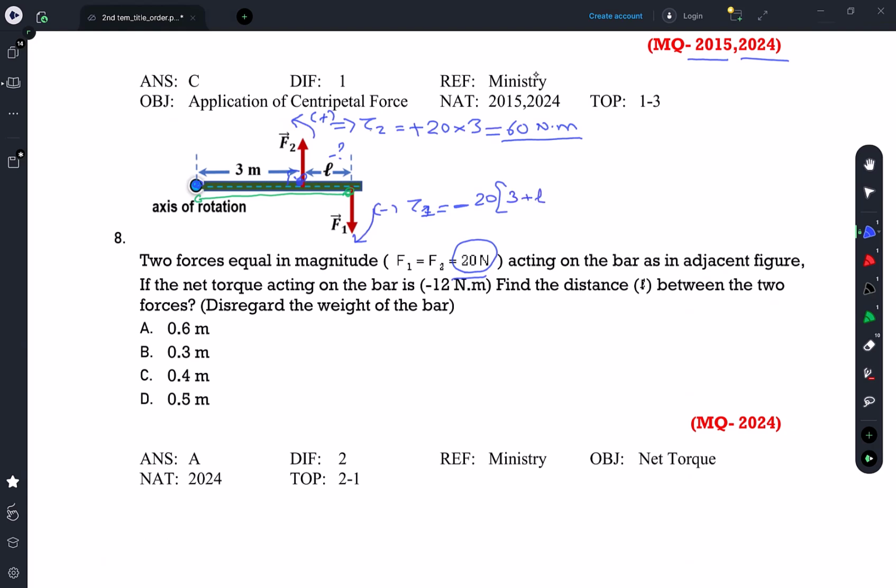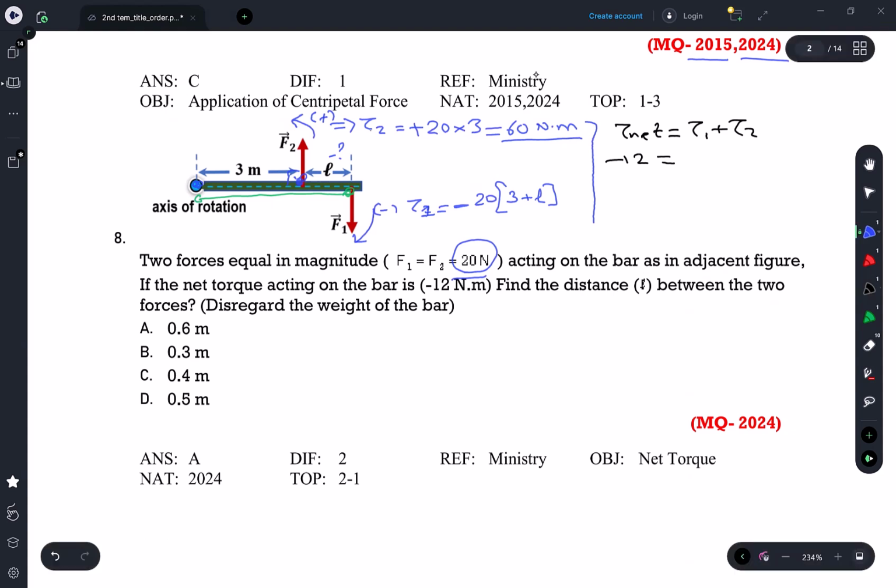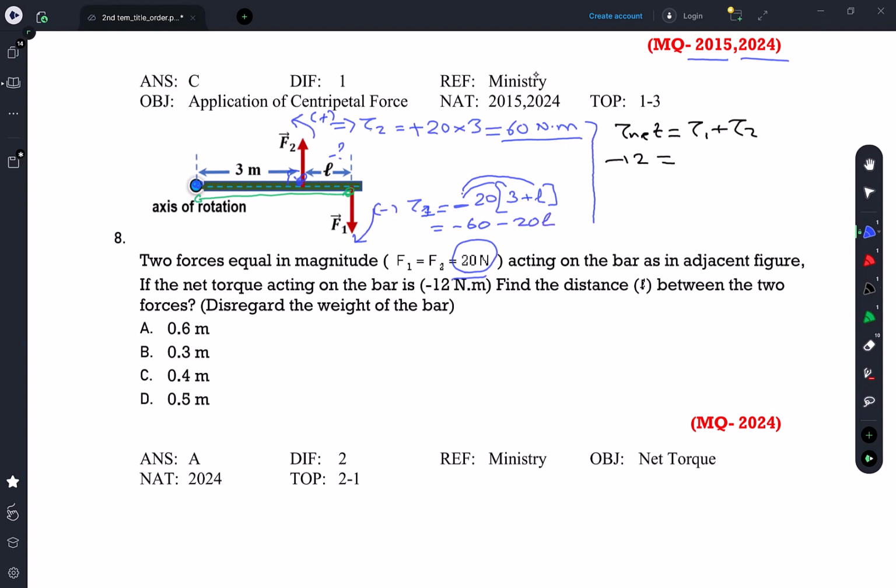3 meter plus L mathematically. So when I add them, I will get the net torque as given, -12. Net torque is going to be torque 1 plus torque 2. Net torque is -12. Torque 1 is -20 times (3 plus L). Let's distribute -20 over 3 plus L. It's going to be -60 minus 20L.